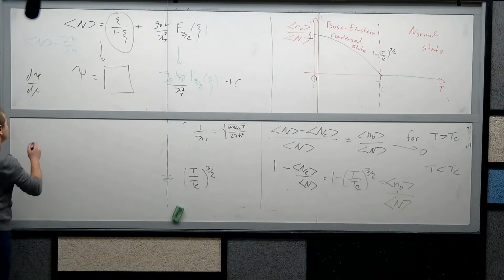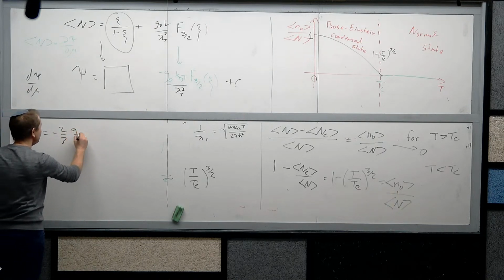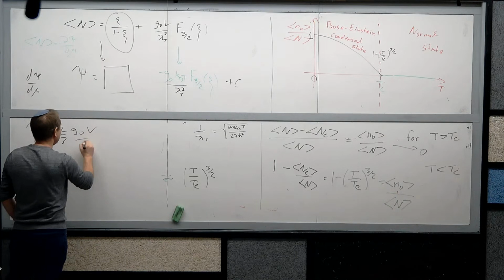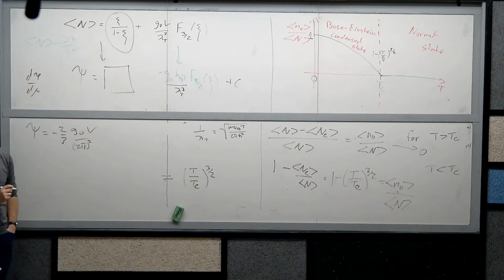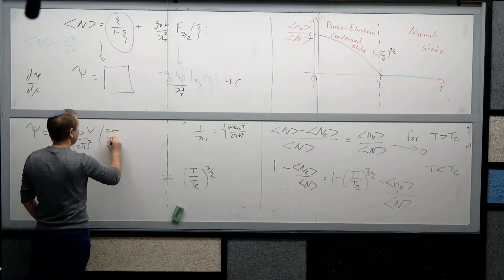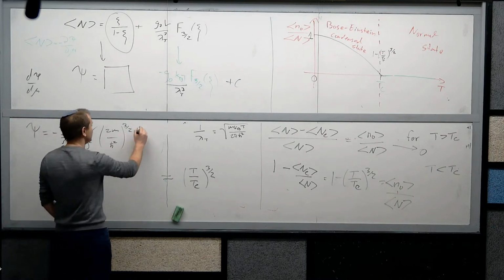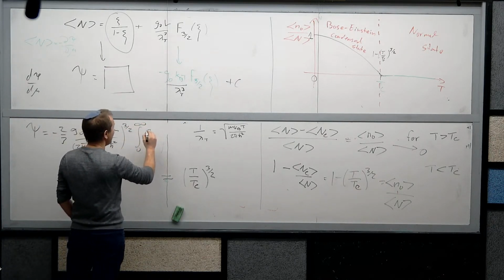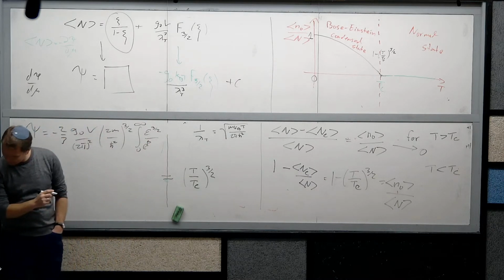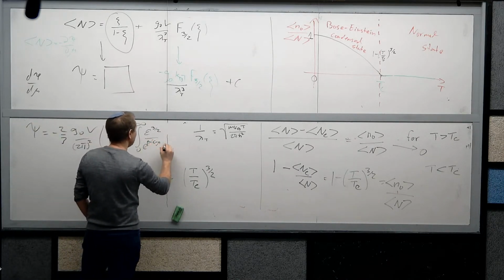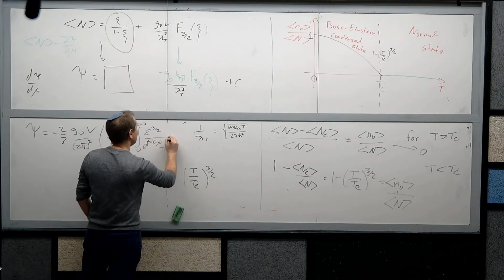If you remember how we started, we obtained that psi was minus 2/3 g0 v over 2 pi squared, times 2m divided by h bar squared to the power 3 halves, and then we had an integral between 0 and infinity of epsilon to the power of 3 halves, divided by e to the beta epsilon minus mu, minus 1, d epsilon.